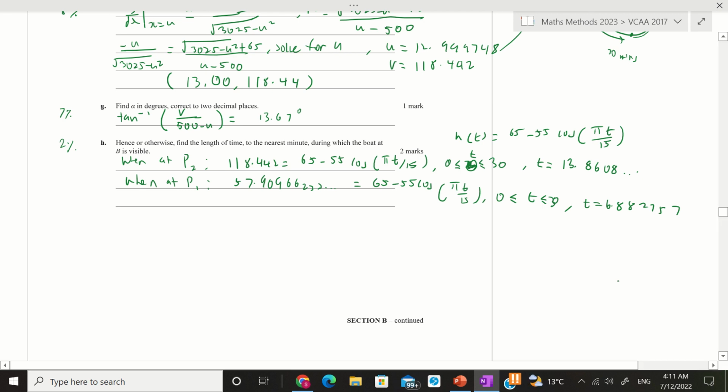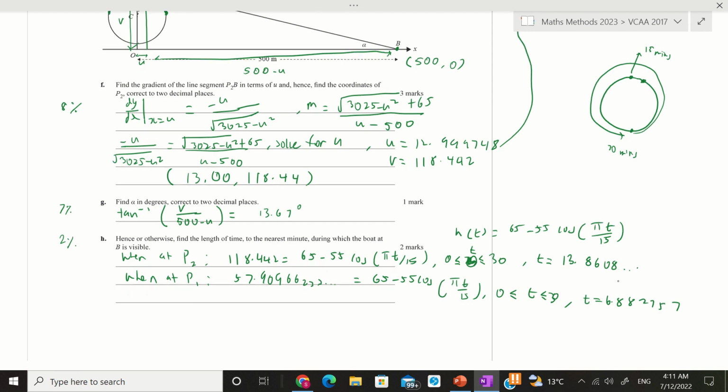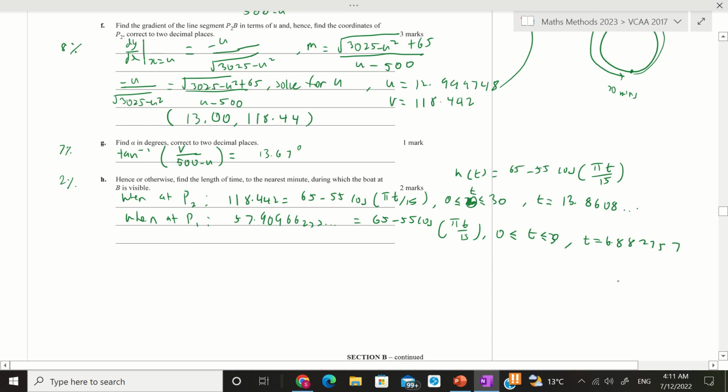You also get t equal to 23.11724. You don't actually want that because, as I mentioned before, imagine we are traveling around a circle. If you start here, and it takes 30 minutes to travel around the circle, we start here and end up here, it's only going to take us 15 minutes. Anything beyond 15 minutes is when we are traveling around this other part, and we're not concerned with that, since P1 is somewhere down here.